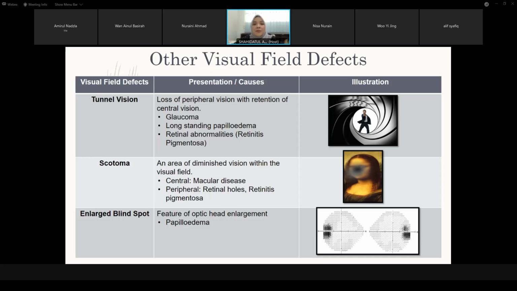You imagine dia reverse pada central scotoma. Tunnel vision is reverse of central scotoma. Okay, so central scotoma dia kacau tengah, tunnel vision dia kacau the whole tepi, dia preserve tengah. Okay. Boleh nampak. Alright. Thank you, Doktor. That's all from me. Thank you.